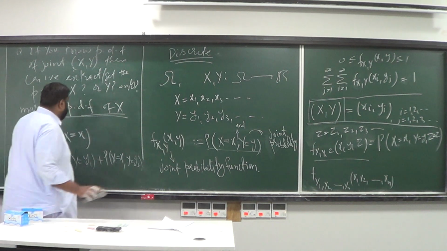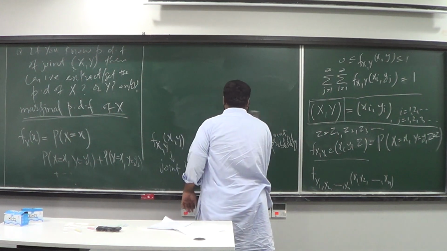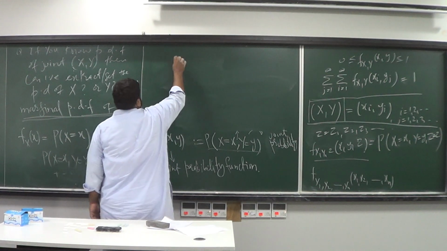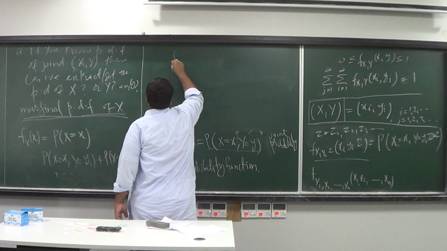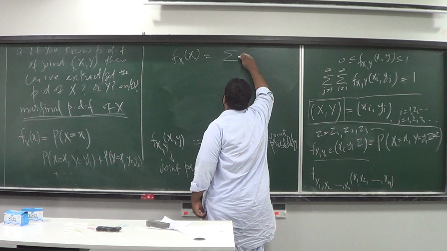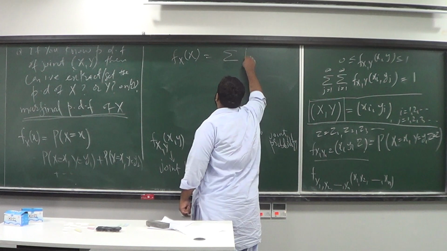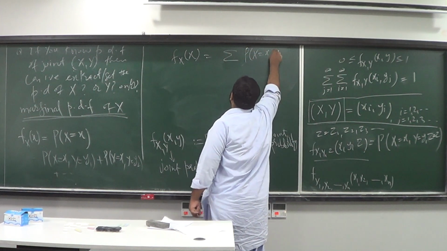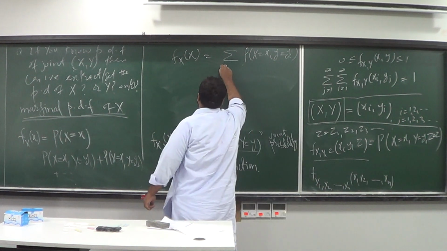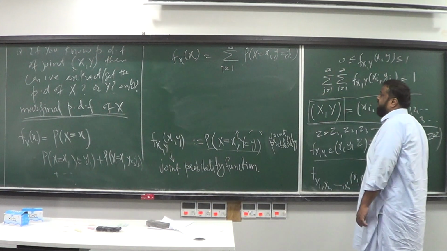So in other words, in order to extract the marginal PDF of x from the joint PDF, you have to sum up the probabilities when x is x and y is yi, from i equal to 1 to the number of values you have.